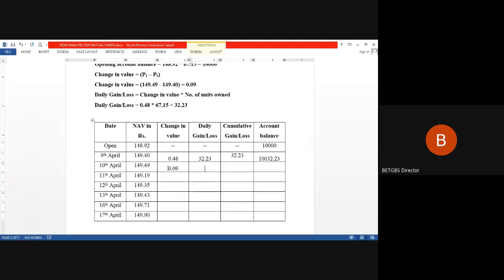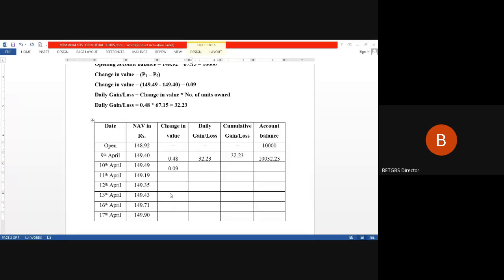So what is the difference? It is 0.09. You can calculate 149.49 minus 149.40. So it is 0.09.